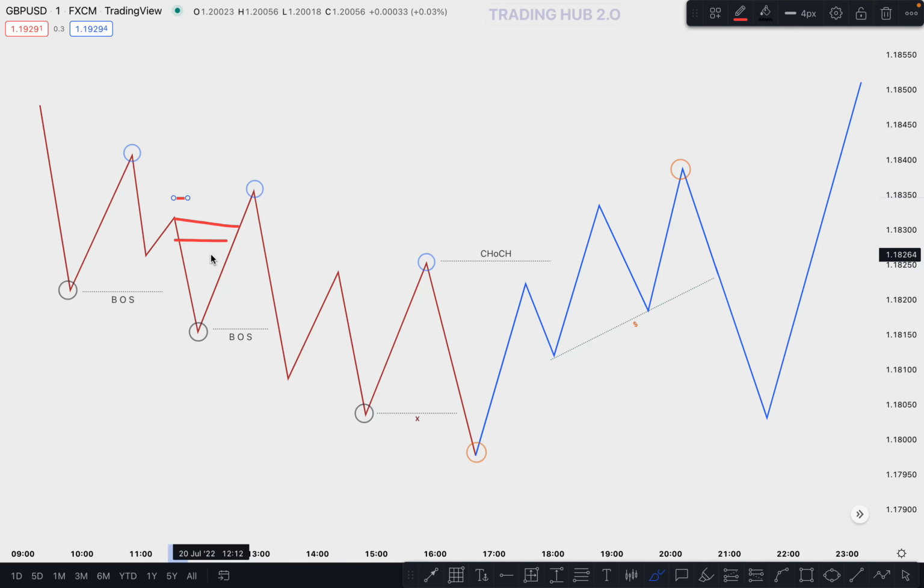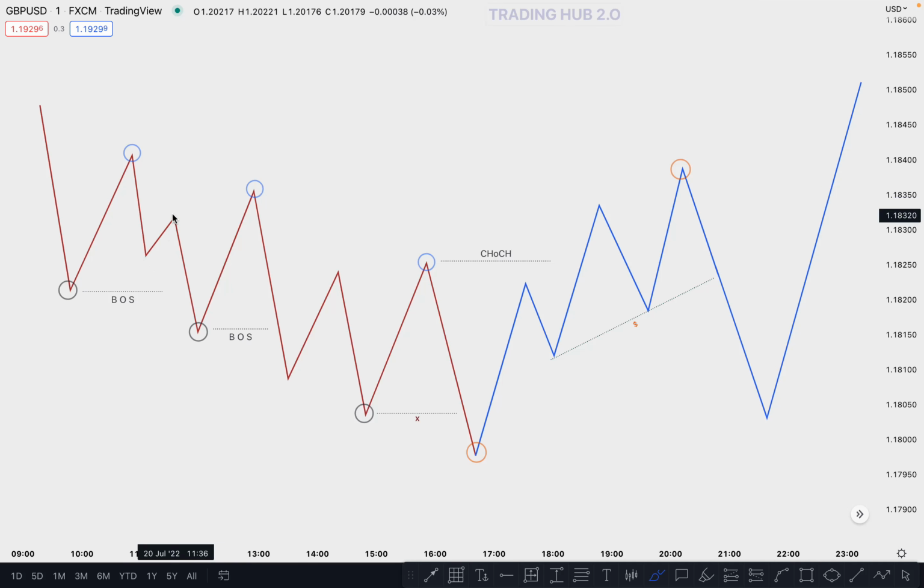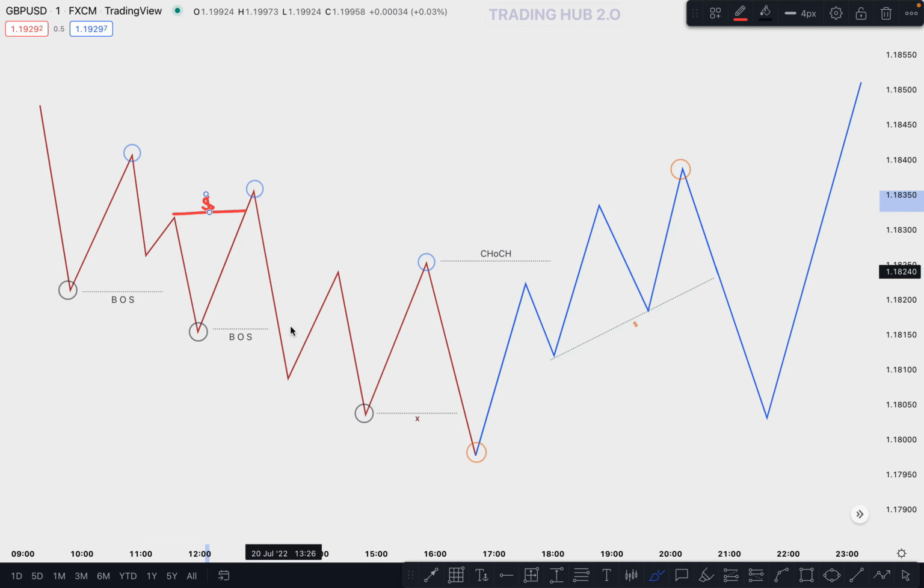So smart money traders, which are actually banks and institutionals, manipulate our stop loss. After hitting the stop loss here, and taking out this high, market pushes downside to mitigate this order block, correct?